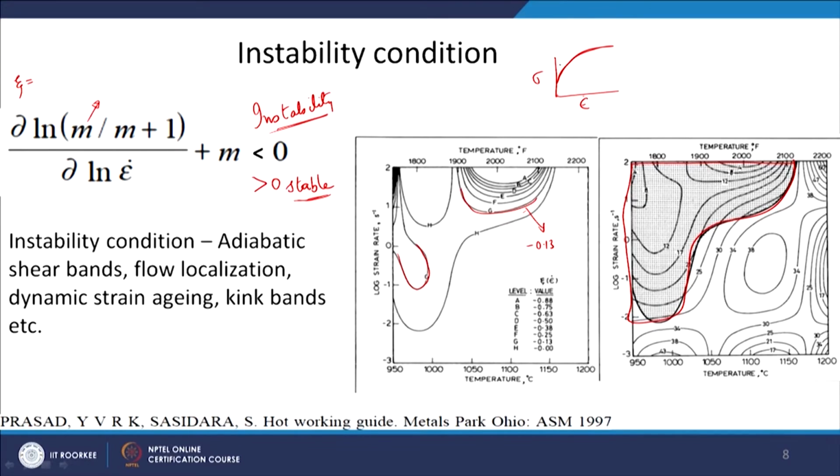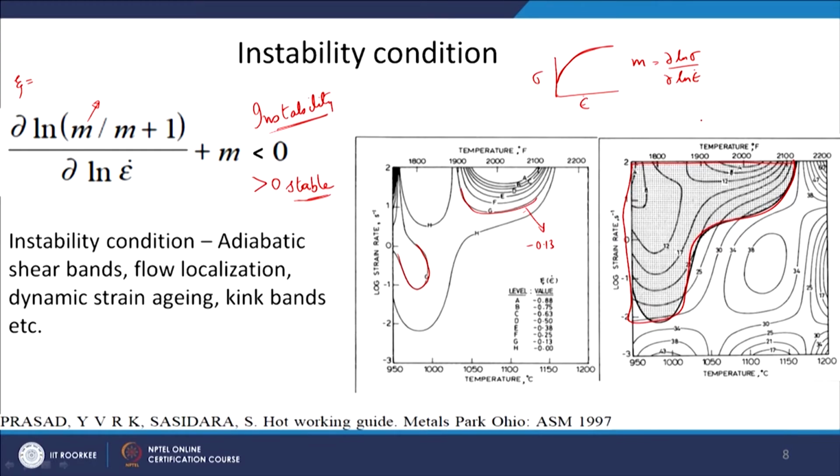If I want to calculate the strain rate sensitivity m, one way, if m is constant, is to take the ln and find the slope of the straight line, which I have already told you.